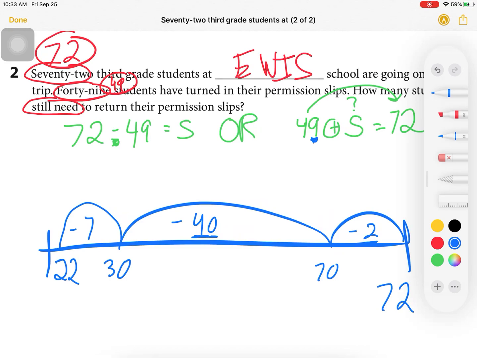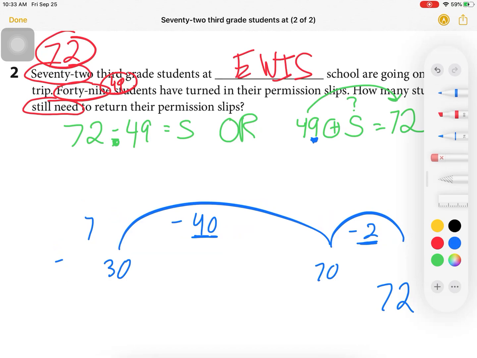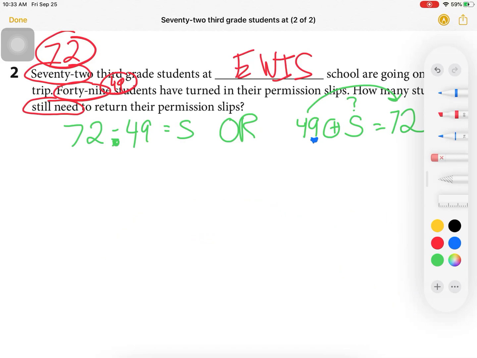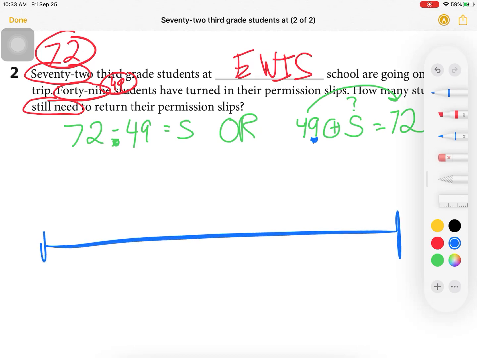Okay, so let's get going on another way, and that's where we take our big jump. So the big jump could be 72, and then I could just take away 49 is really close to 50, and I could take this big jump.